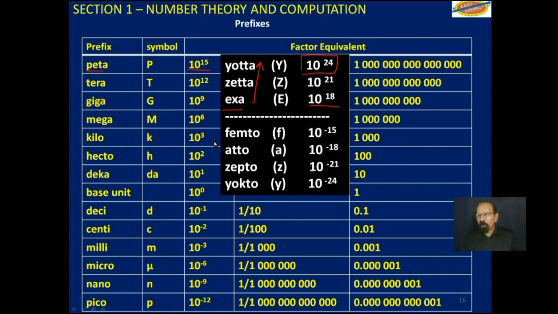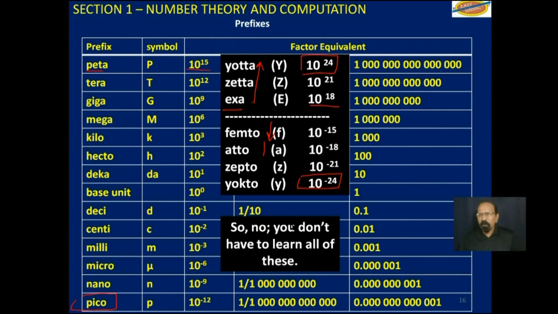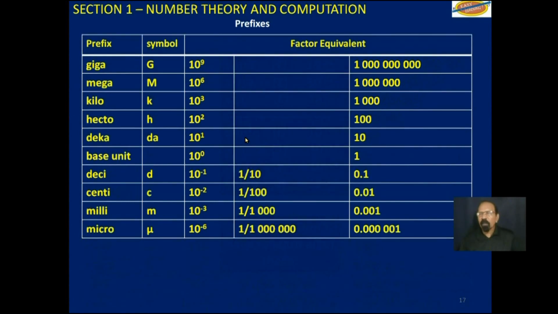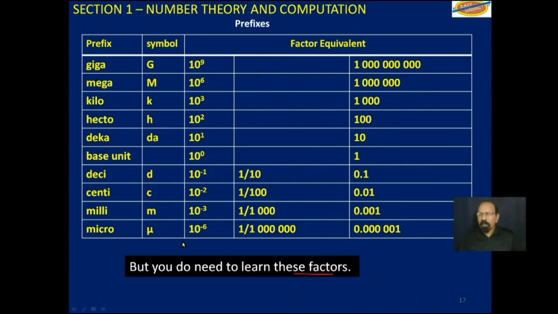And if you keep going down below pico, you get femto and atto and so on, going right down to 10 to the negative 24th. So no, you don't have to learn all of these. However, you do have to learn some, and these are the ones that you will have to learn. As we go along, we will learn them. They are not that difficult to learn.